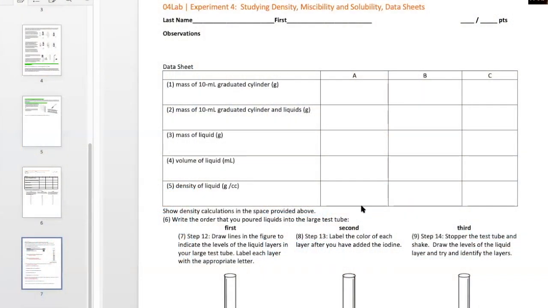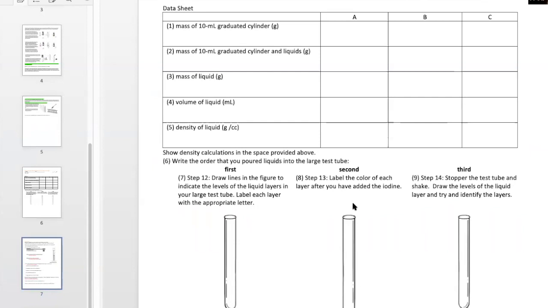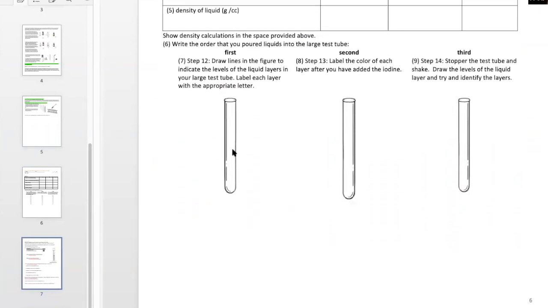Put your data on the data sheet here, okay? Draw a line to indicate the levels of the liquid. Before you mix, draw a line. Which one is A, which one's B, which one is C? Maybe C was on the bottom, maybe B was on top, and A is in the middle. You have to indicate that.